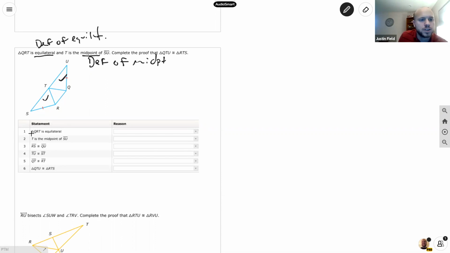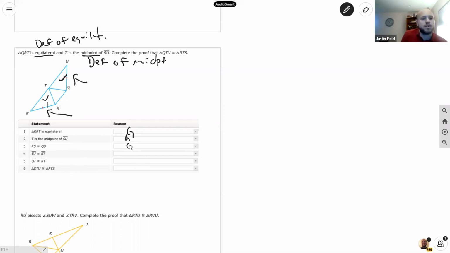Okay, so triangle QRT is equilateral, that's given. T is the midpoint, that was given. RS and QU. So that was marked in the picture. Wasn't written, but it's given because if it was marked in the picture for us, it's given.